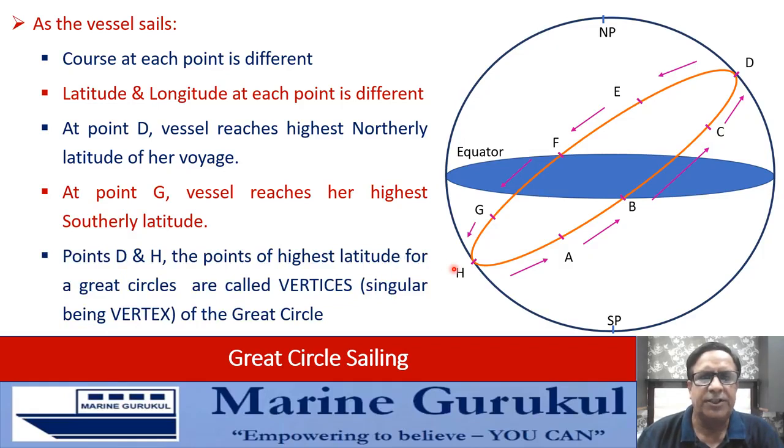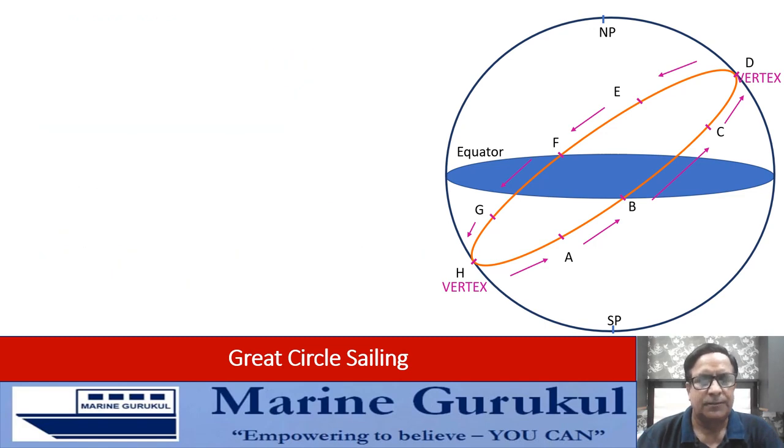These 2 points D and H, where the great circle has the highest latitude, or the points having the highest latitude along the great circle, are the points referred to as the vertices of the great circle. So D and H are the vertices of the great circle.